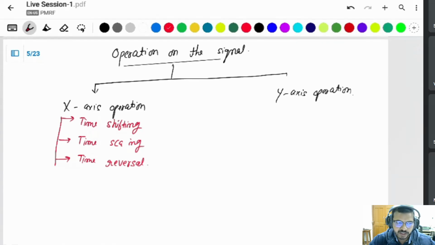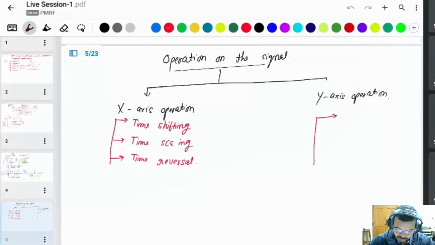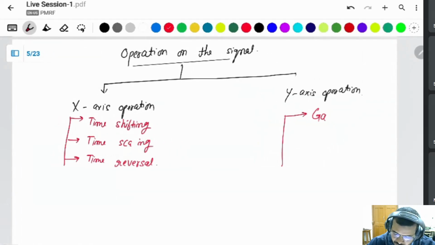Same thing for the y-axis operation. The y-axis operation is the change of the y-axis, like multiplication by a constant: first gain, second reflection.